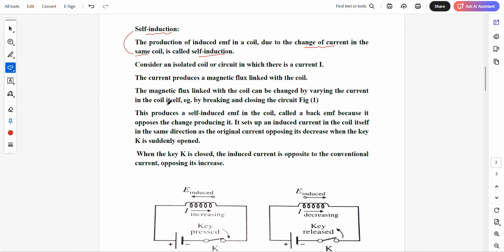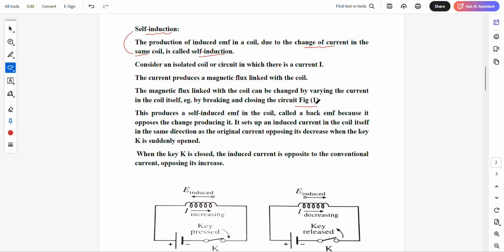We'll read further. Consider an isolated coil or circuit in which there is a current I. Current is increasing here. The current produces a magnetic flux linked with the coil, that we know. The magnetic flux linked with the coil can be changed by varying the current in the coil itself, for example, by breaking and closing the circuit.